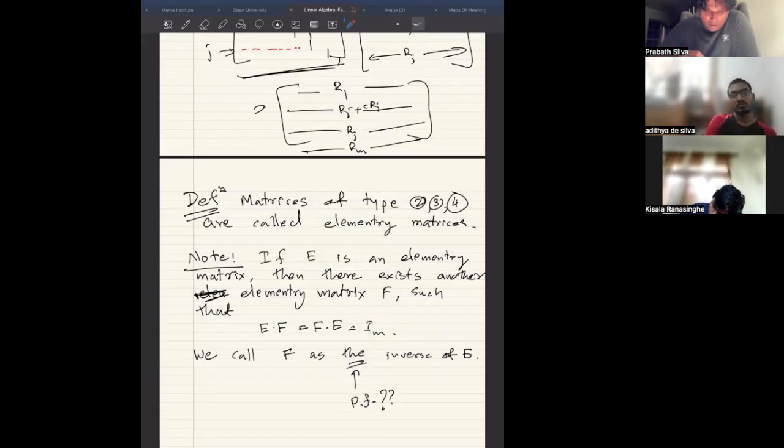And if you multiply by E, that means you're changing the system, doing some row operation. And then you multiply by F. After you multiply by E, you're doing something else to the system, right? So this formula tells you that whatever you're doing with F is actually undoing what you did with E. Okay, so that's the inverse operation.